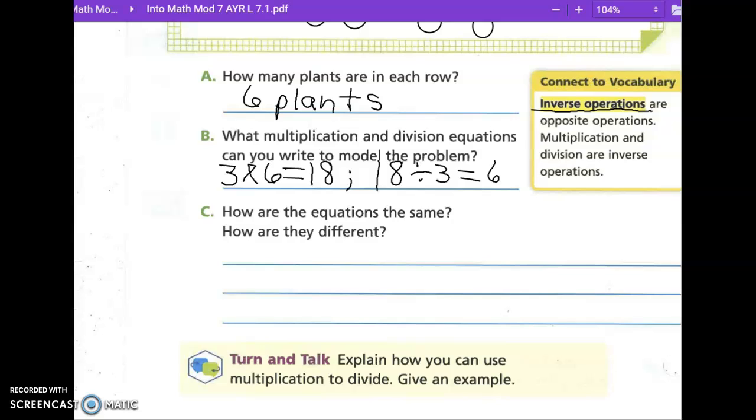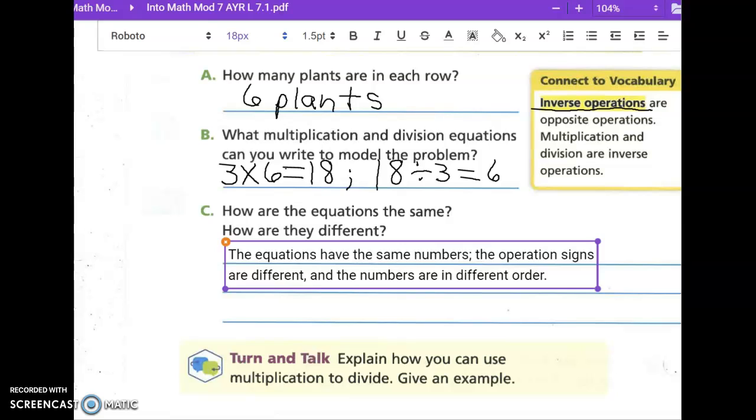Okay, so how are the equations the same and how are they different? What is the same about each of these equations? They use the same numbers. What is different? They have different operation signs and the numbers are in a different order. Okay.